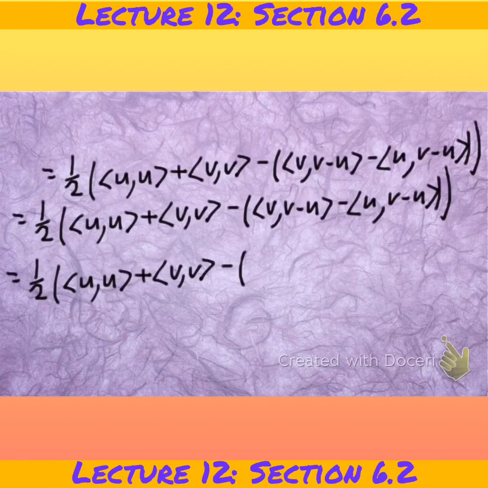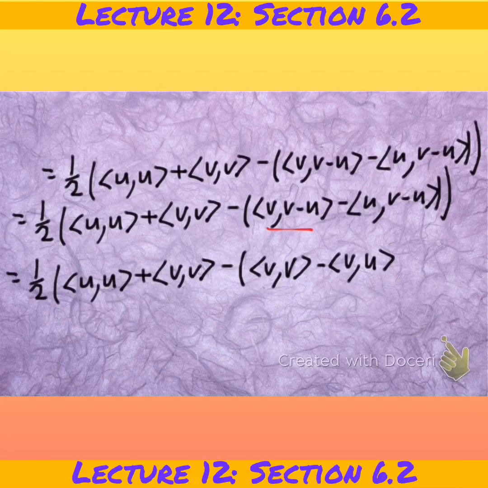So we can replace this term with the inner product of v with itself, plus the inner product of v with minus u, and that number we can replace with minus the inner product of v with u.